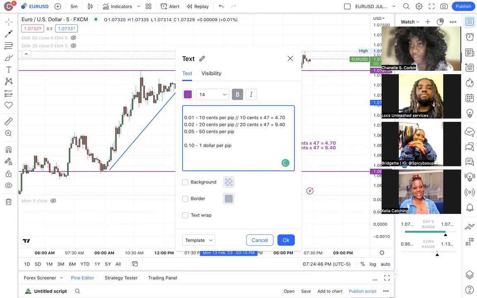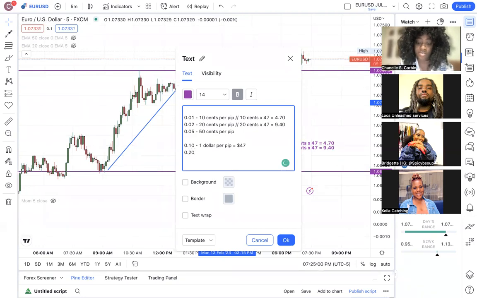So in this same trade where somebody made $4.70, you could make $47 in that same exact trade just by increasing your risk, just like the person who uses $2 per pip. They're going to end up making $94 in this very same trade that somebody made $4.70, the same trade that somebody made $47. You can be making more money once you have enough money to increase your capital.